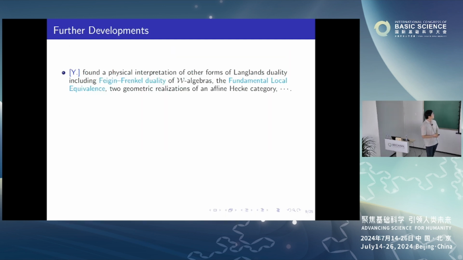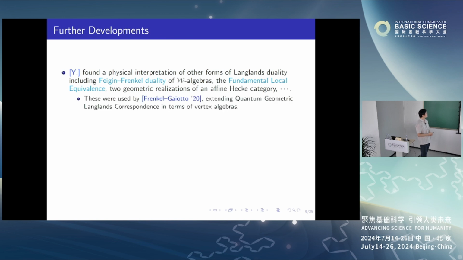Right. So there are some other developments, and there are several different versions of Langlands duality around. Famous ones include Feigin-Frenkel duality and the fundamental local equivalence and so on. And I found a physical interpretation of these things, and they are used by Frenkel and Gaiotto, extending what is called quantum geometric Langlands, and also in other work used to formulate what are called the Gaiotto conjectures.